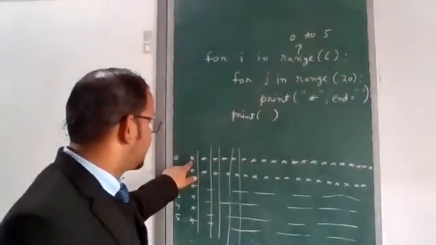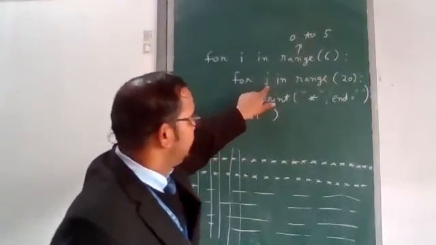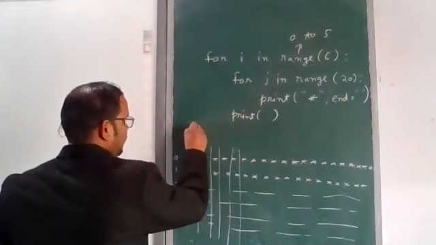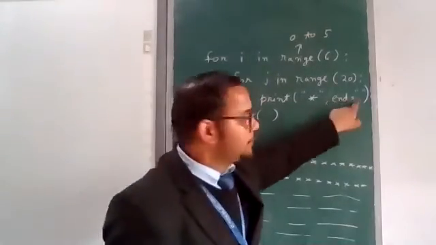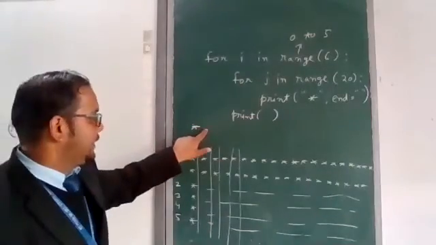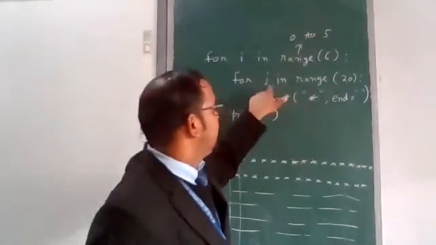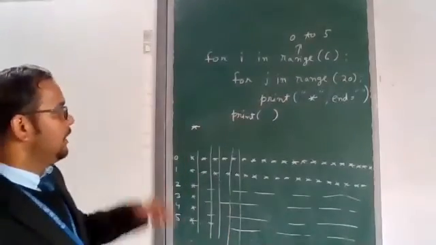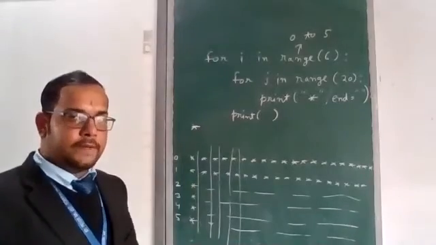First row, first column: when the value of I is 0 as well as J is 0, when both are 0, then the first star will display, then a space. Space means after that comes the next one. Then increase the value of J. Now J is 1 and I remains the same, 0.